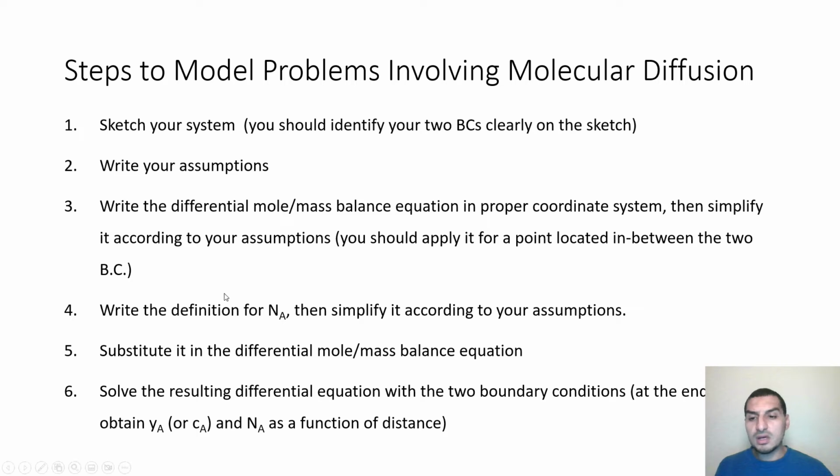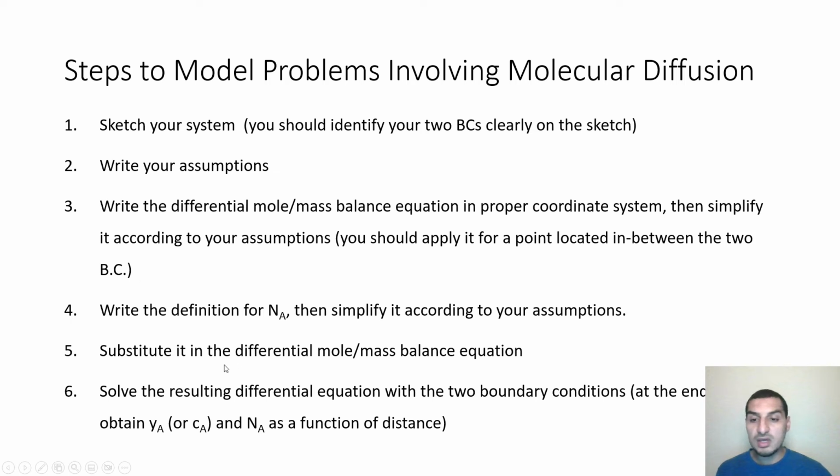So we write the definition of NA based on the information that we know from chapter 22, which is relative to whether it is a constant temperature and pressure, or a variable temperature and pressure, if it's in moles, if it's in mass.